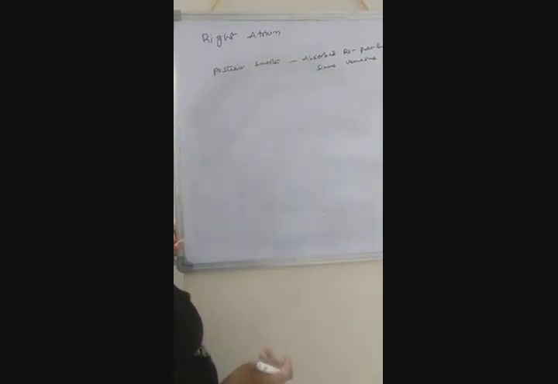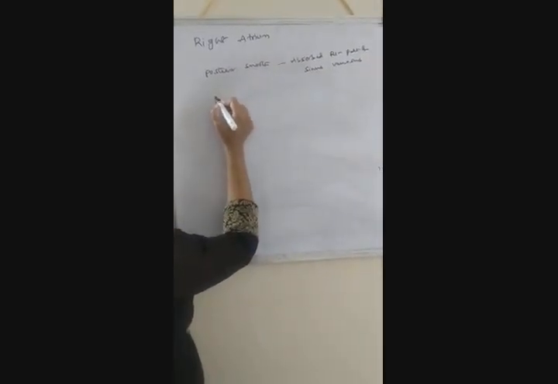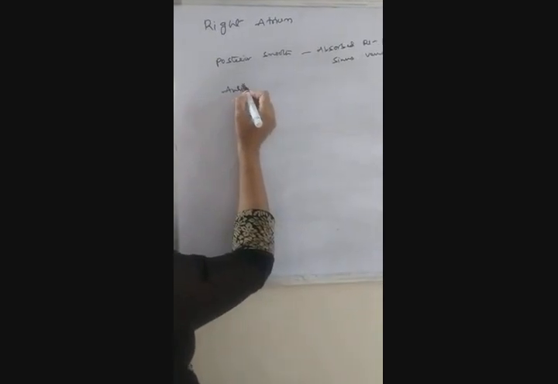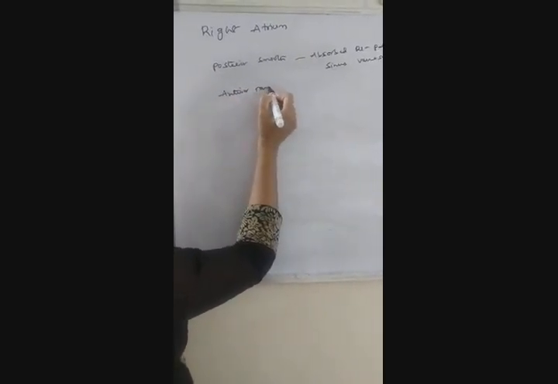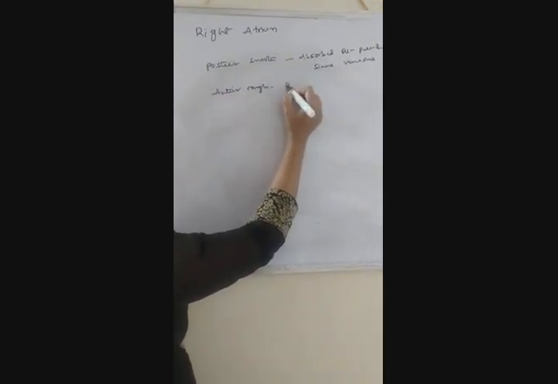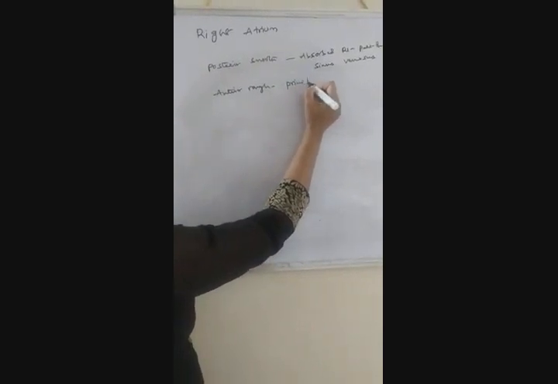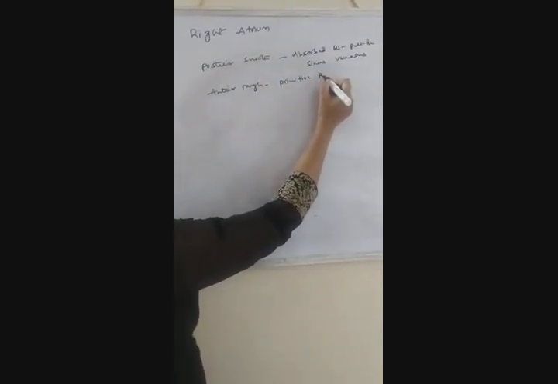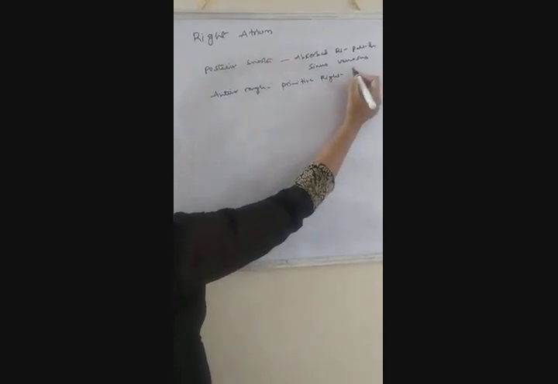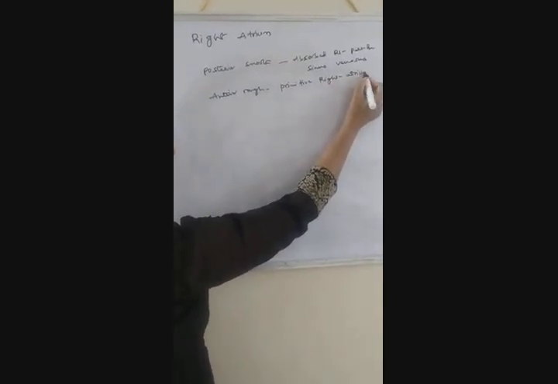Okay, sinus venosus, and the anterior rough part is formed by the primitive right atrium.